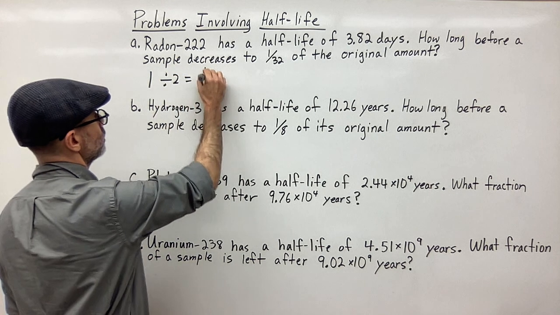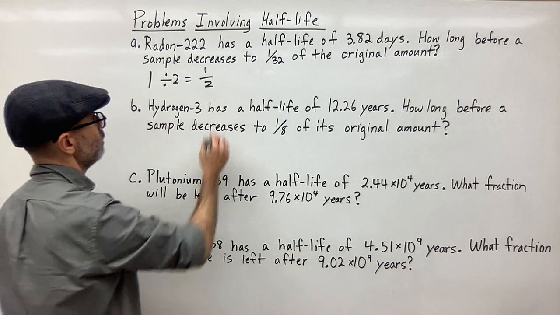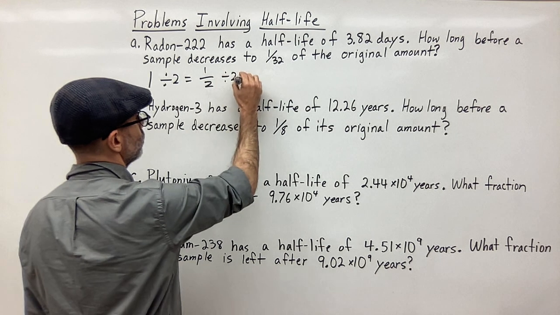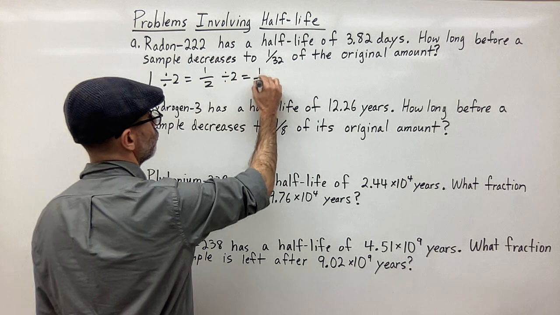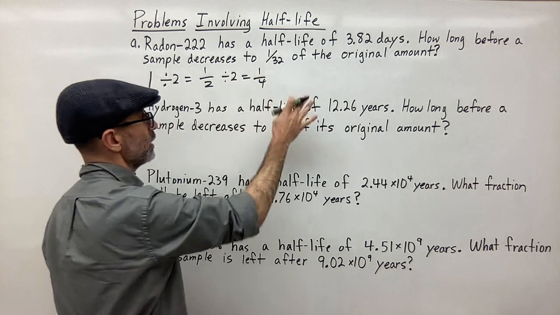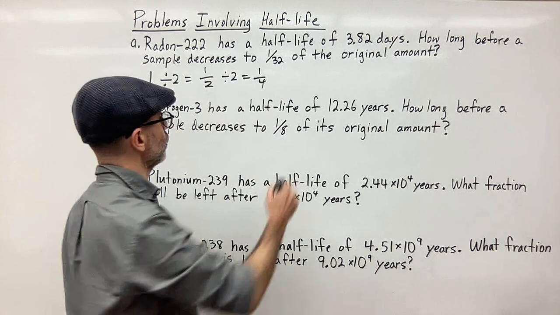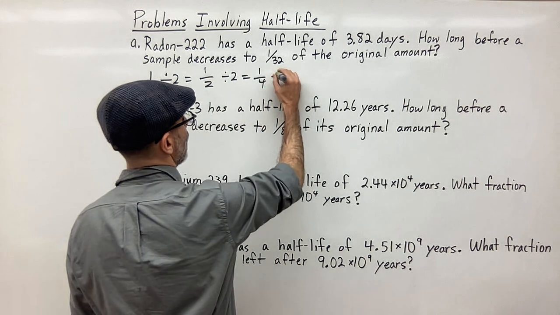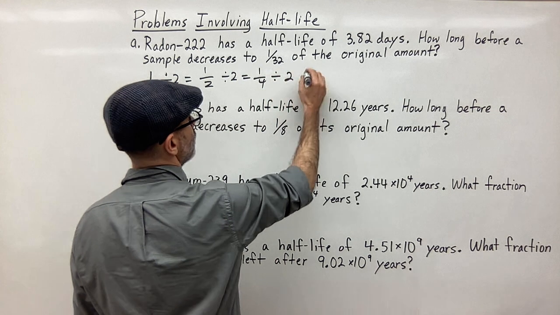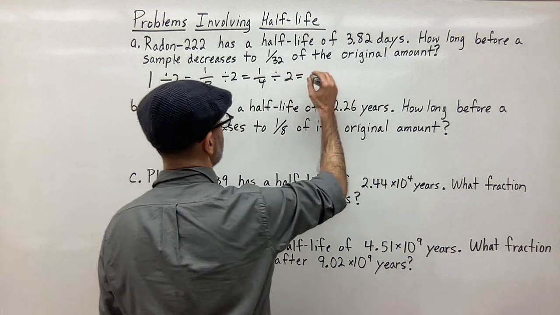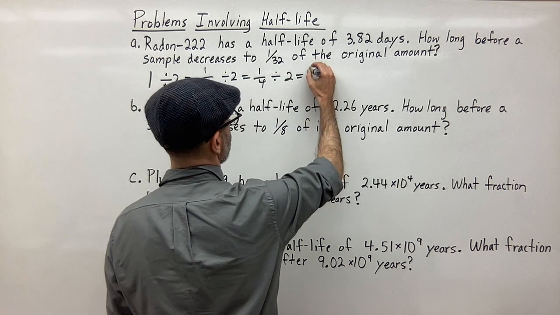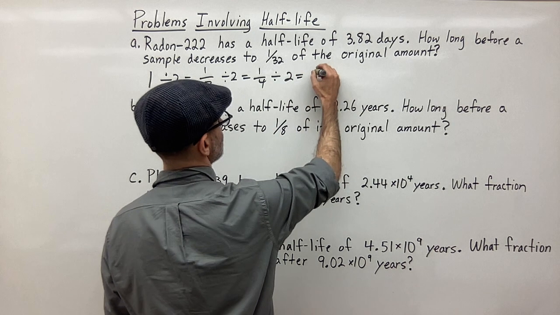What do I get? 1/2. If I divide that by 2 again, what do I get? 1/4. And I keep doing that until I get to 1/32. So let's go ahead. If I divide this by a half, then I get 1/8, or 1/16.